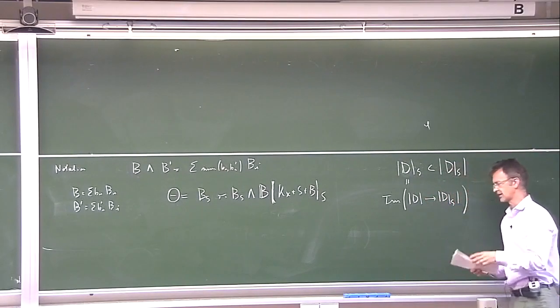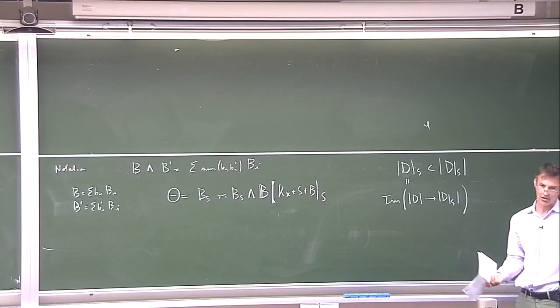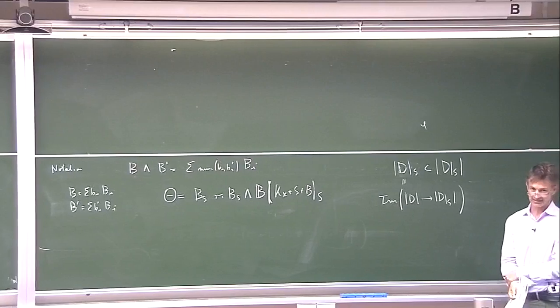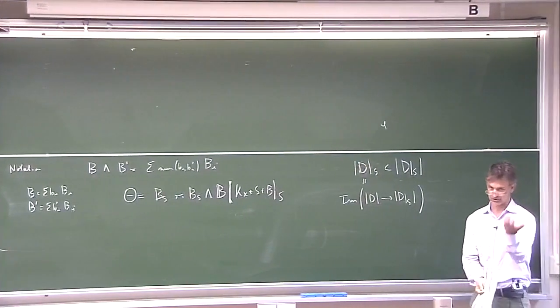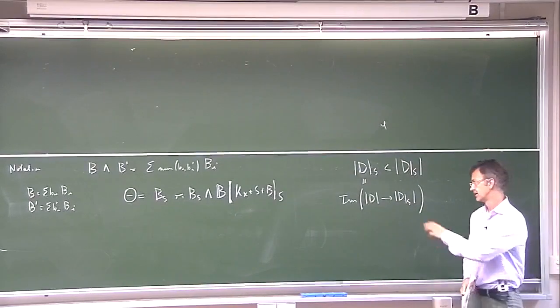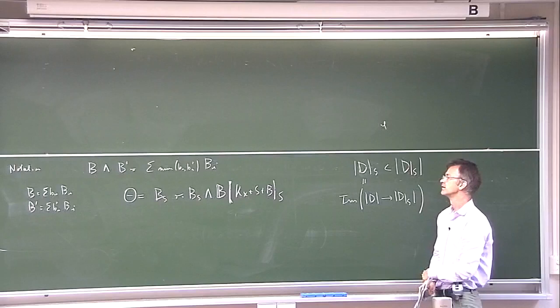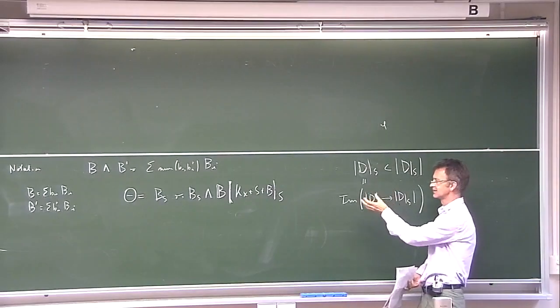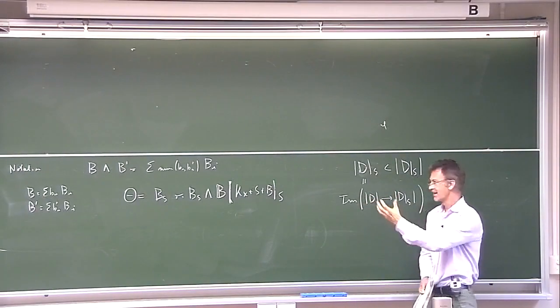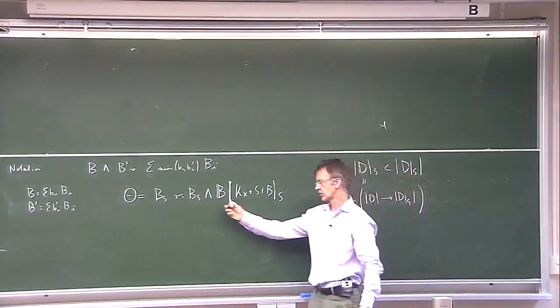You can take a divisor in the ambient variety and restrict it to S as long as it doesn't contain S in its support. If it contains S in its support, it just goes to 0. It's in the kernel of that map. And so this is a sublinear series of this, right? Everything in the image of that map has to be in this sublinear series, so it has to vanish along the base locus.